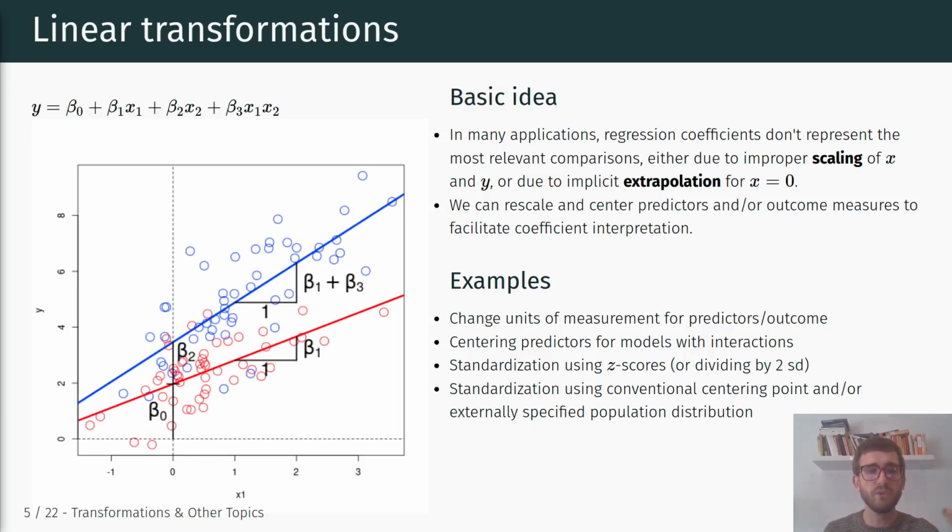So if you use this standardization with a dichotomous indicator with roughly equal proportions, so basically the proportion of zeros and ones is around 0.5 each, then the standardization will result in this dichotomous indicator ranging from around minus 0.5 to plus 0.5.